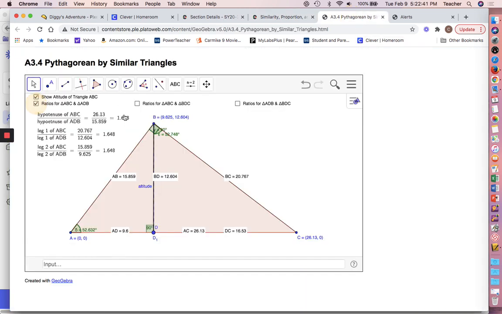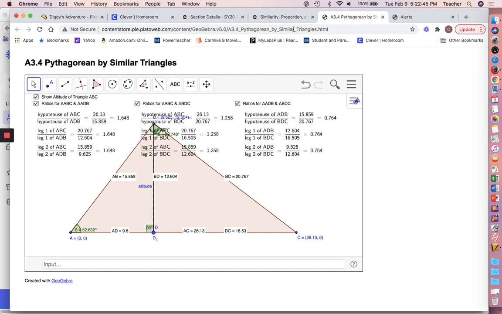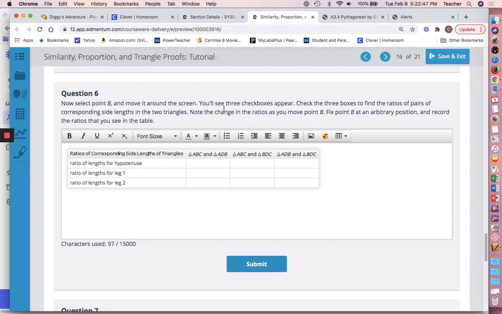Okay. Ratios. Ooh, ratios. All right, note the change in ratios as you move B. Fix B at an arbitrary position, which I've already done, and record the ratios that you see in the table. Like, for real? Okay.